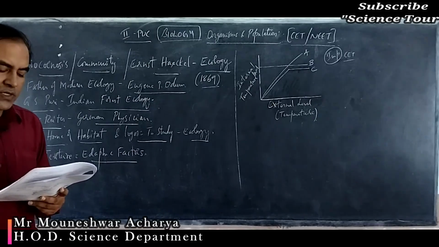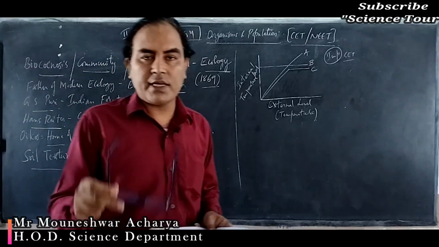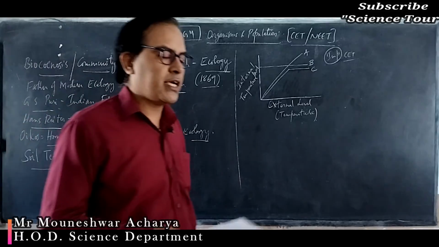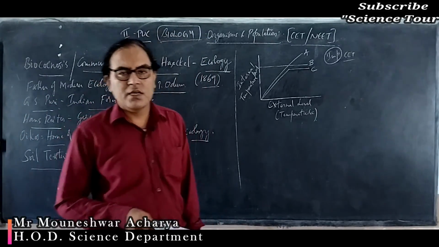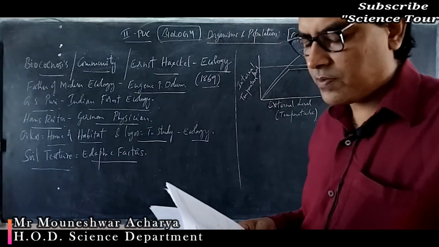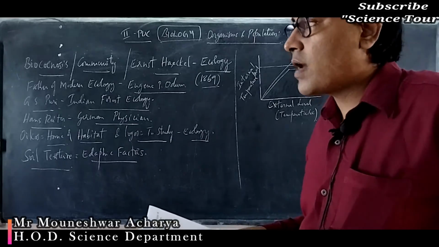So aestivation means oversummer. During the extreme conditions of summer, they hide themselves in the burrow or in cooler places like the caves. Then hibernation is during the extreme winter, they hide themselves in the burrow or they go to other places.